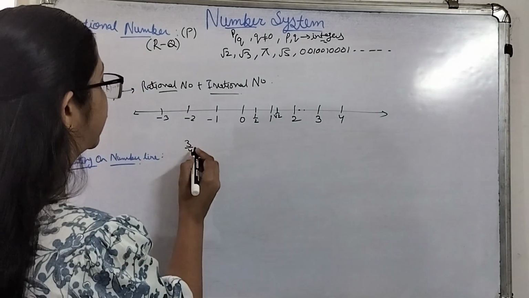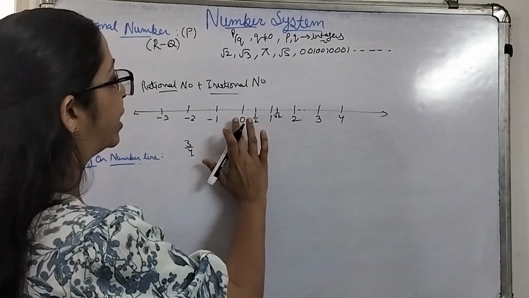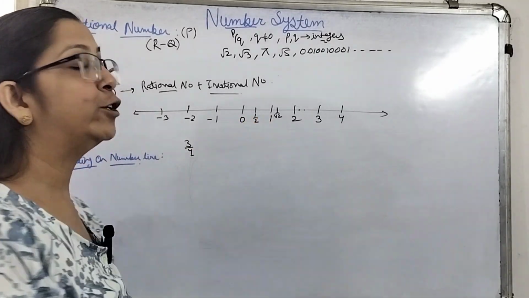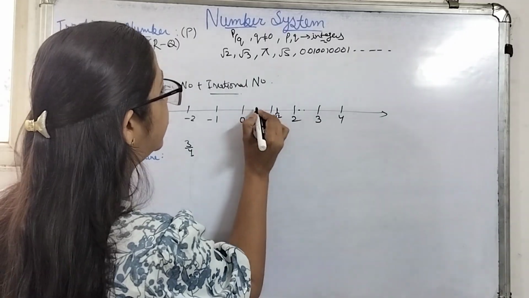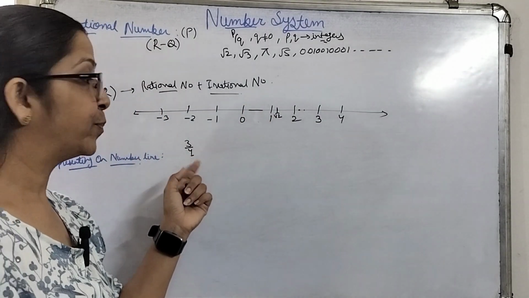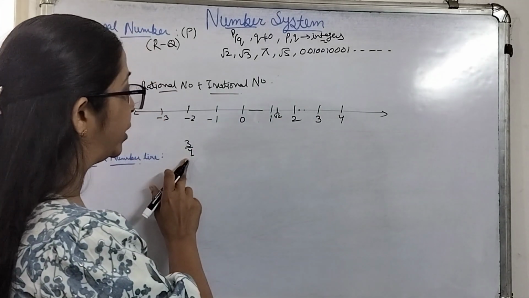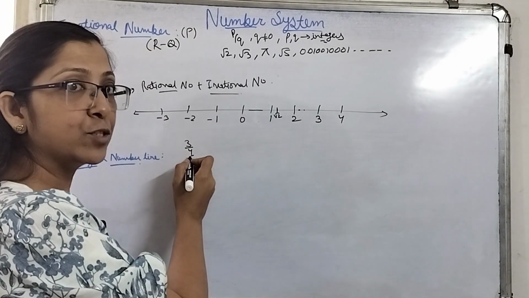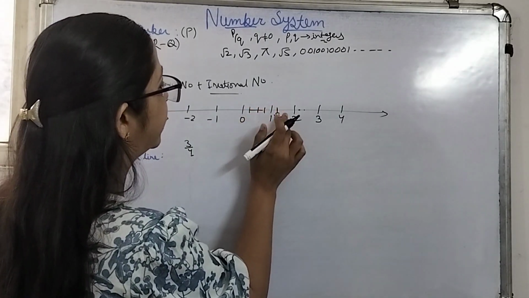Over here, we can see the denominator is 4. If the denominator is 4, that simply means we have to divide 0 and 1 into 4 equal parts. Between 0 and 1, your 3 upon 4 will lie. Suppose this is the first part, second part, third part and fourth part.